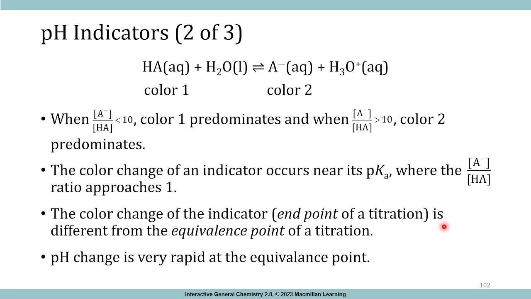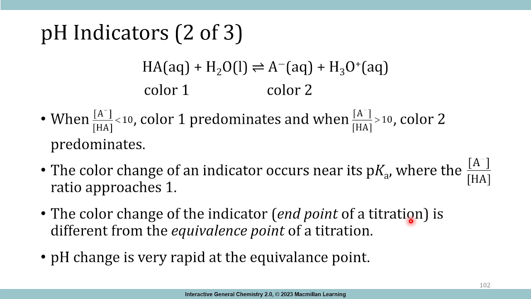If you ever try to stop a car on a line, what happens? You're always going to screw up, right? You can't do it. It's just not possible. And so the indicators have fixed points where they're going to be visible to change color, and these points are basically never on your equivalence point. So every time you do these titrations, you're always ending the titration at a point that's a little off, okay?